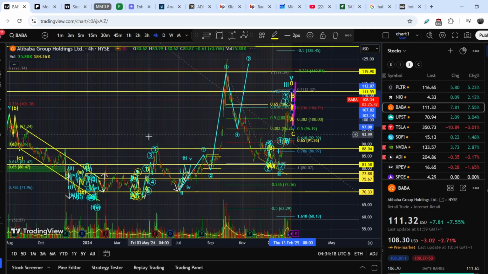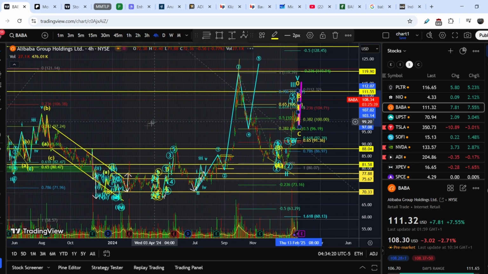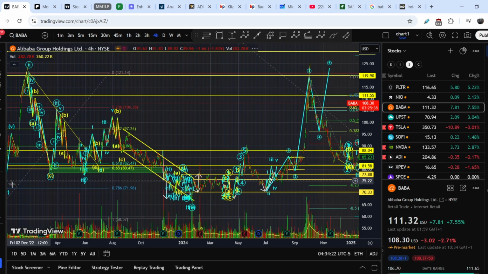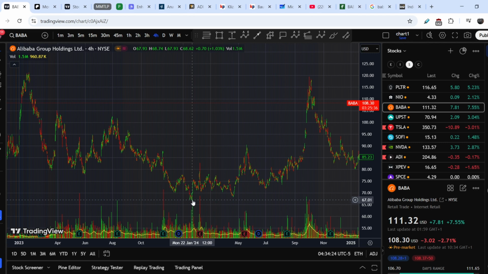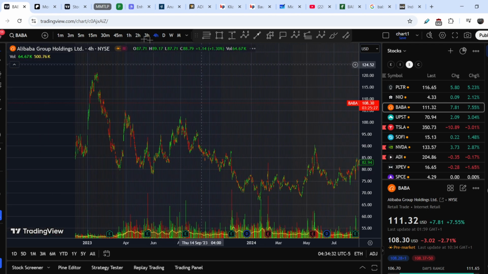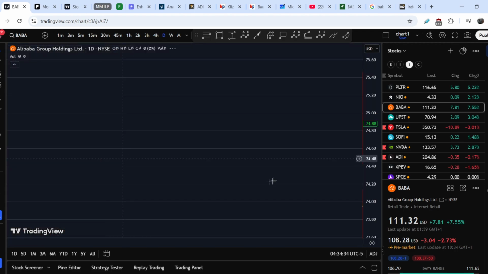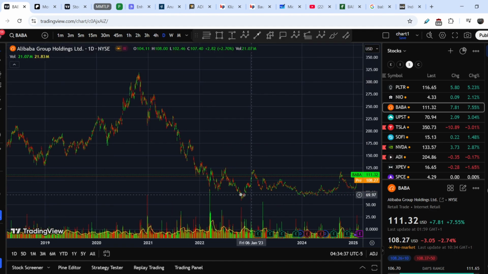From this point, guys, I think the bottom of this asset was established right here at $67.01 in January. Wait a second, is it the lowest point for this asset? No, the lowest point was right here.